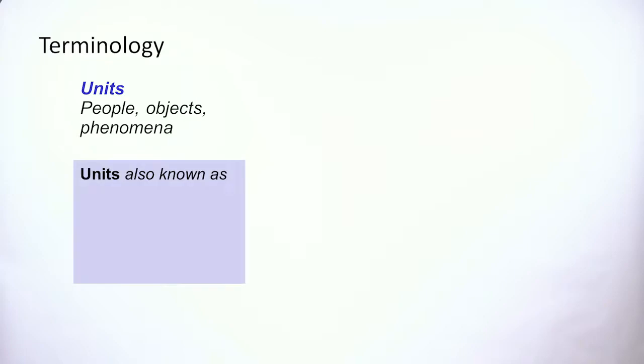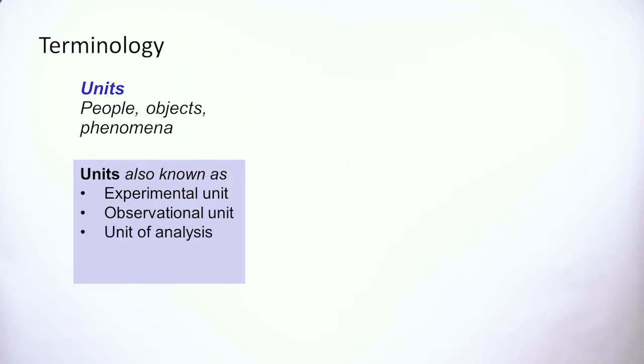Units are also known as experimental units, observational units, and sometimes as units of analysis, as cases, or as subjects. It just depends on the book you're reading and on the setting of your collected data.